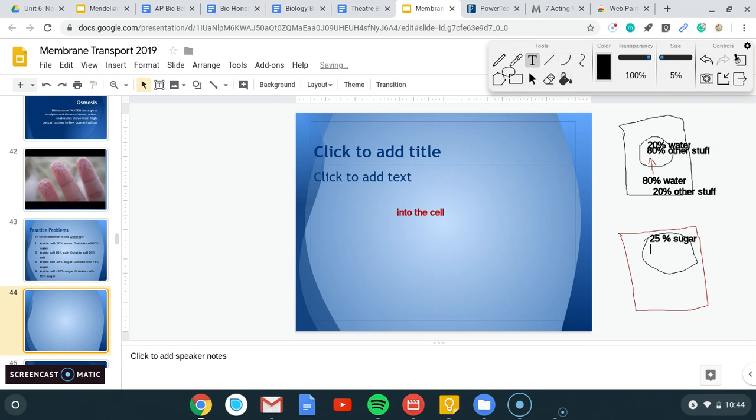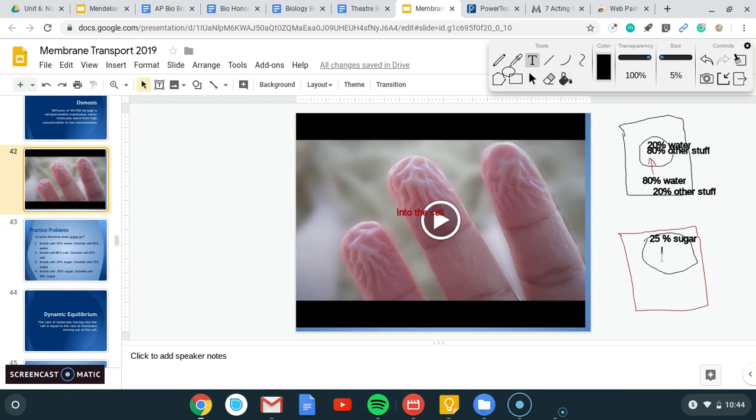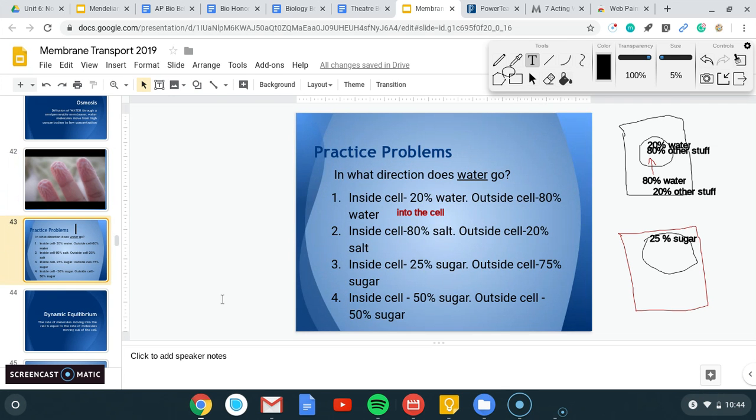That means the rest is water. So here we've got 75% water. And then outside the cell, we have 75% sugar.